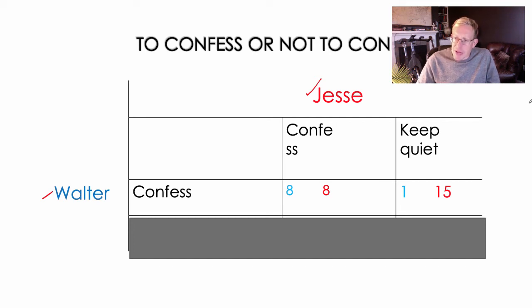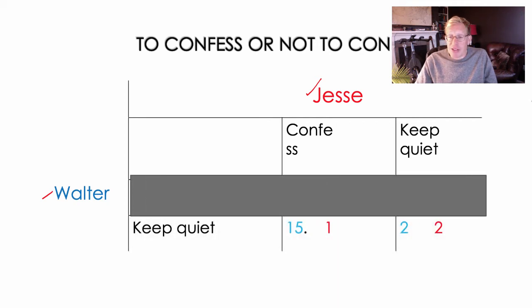If that's the case, what's Jesse's dominant strategy? In other words, what is better for Jesse? Well, if we look at the red numbers, we can see that Jesse would get 8 years for confessing or 15 years for keeping quiet. Presuming Jesse doesn't want to go to jail for any longer than he has to, his best choice, if Walter confesses, is to confess.